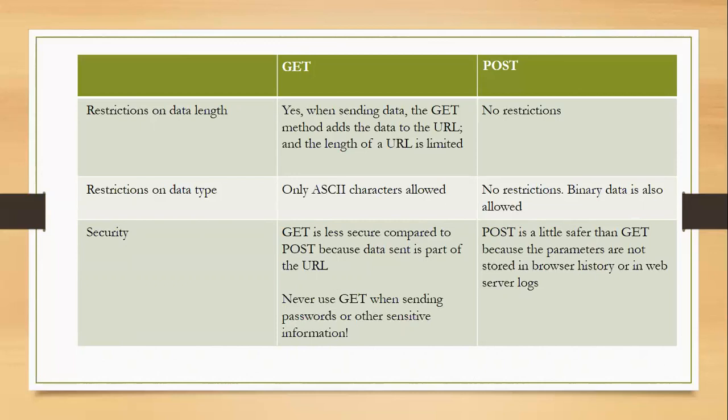From the security point of view, GET is less secure in comparison to POST because data sent is a part of the URL. But the POST method is also less safe in a way because the parameters are not stored in browser history. So there are different parameters to be concerned about for security.